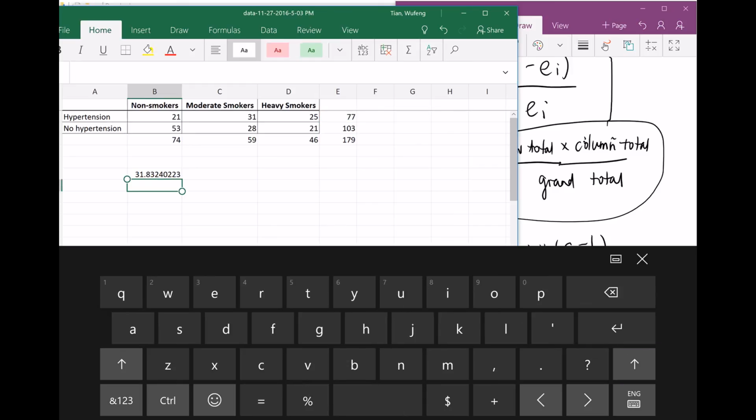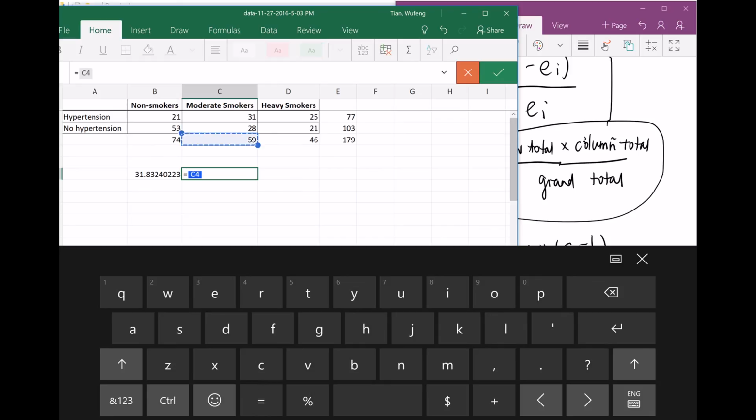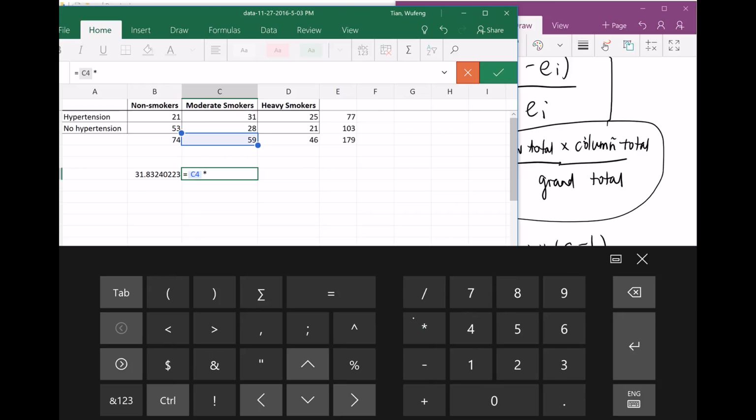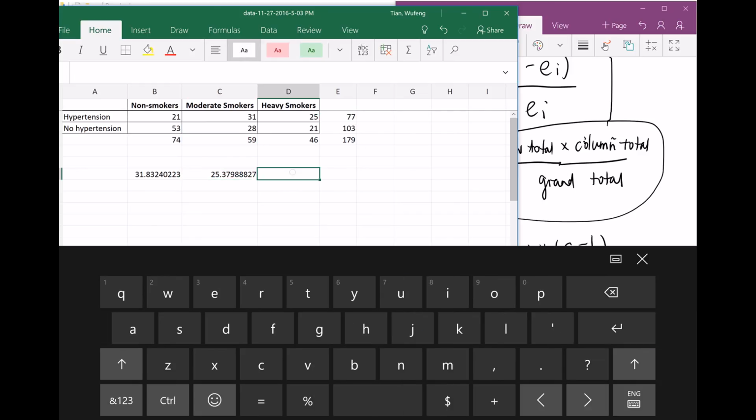I can do the same thing on this one. If you use a computer, you can just drag it and it gives you that, which is much quicker. Let me see if I can drag it. No, I cannot, but on a computer you can drag it.